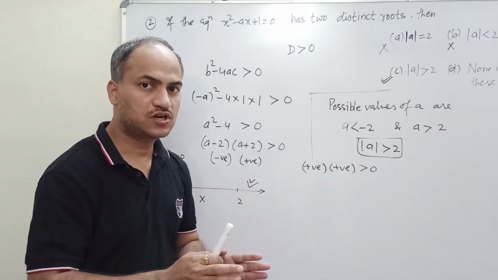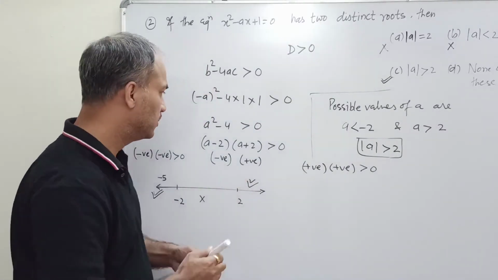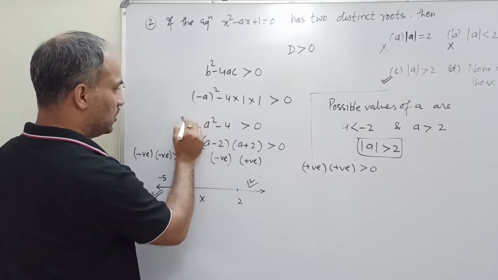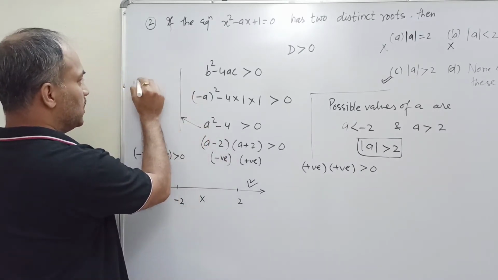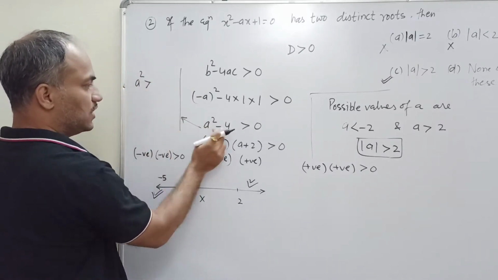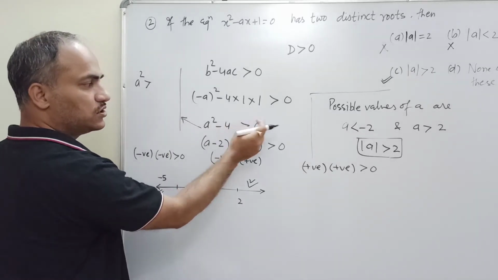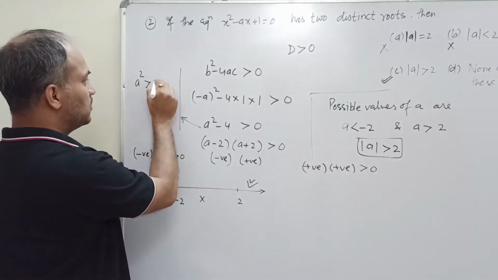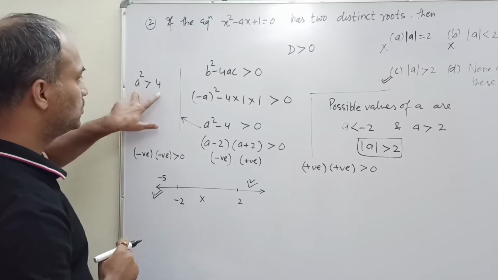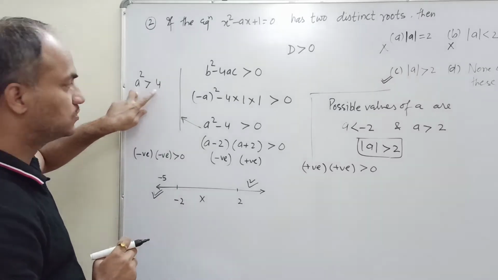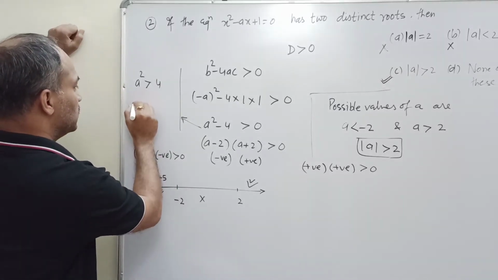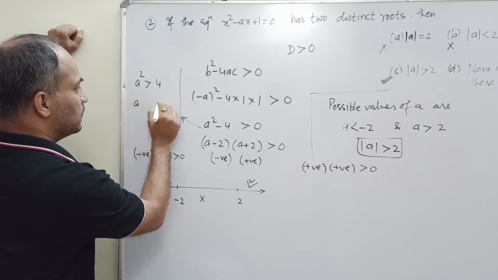There is one more shortcut way of understanding this question. Suppose from this, A square greater than, we take this 4 to the other side. So this becomes 4. Now on both sides, if you want to take the square root, this becomes A and this becomes 2.